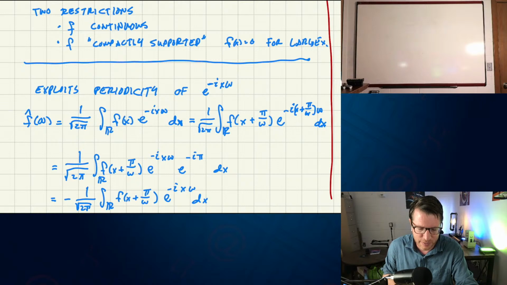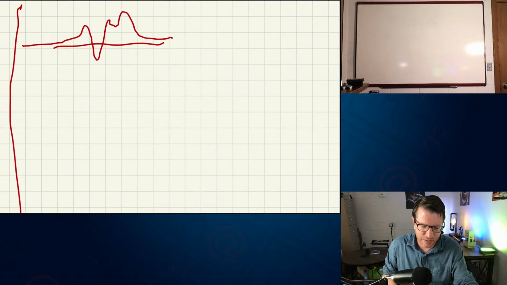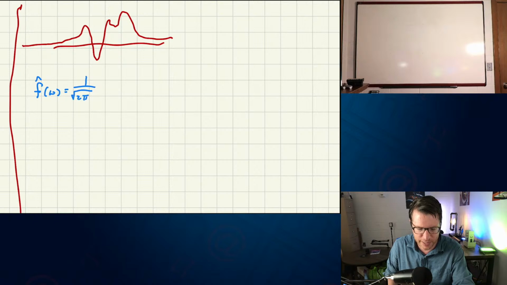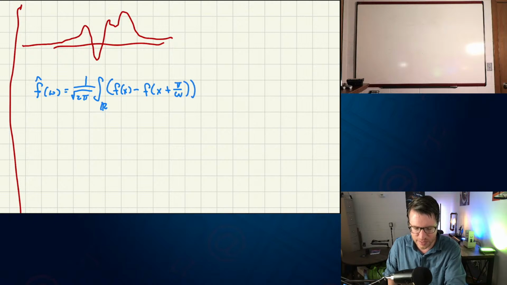So let's go ahead and do that. And so what we're going to have is f hat of omega is equal to 1 over the square root of 2 pi times the integral over R of f of x minus f of x plus pi over omega, and this term times e to the minus i x omega dx.